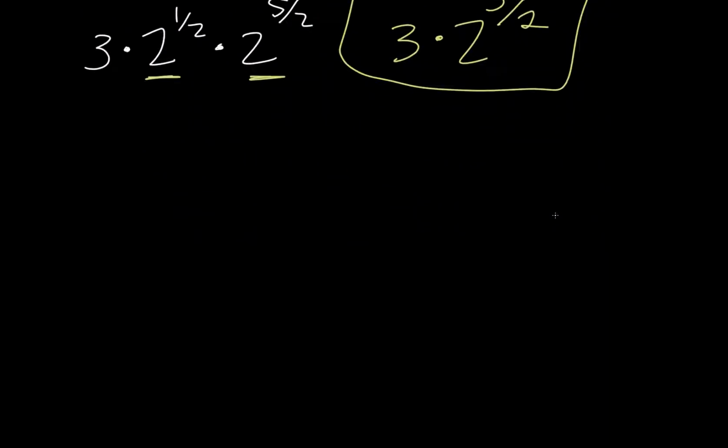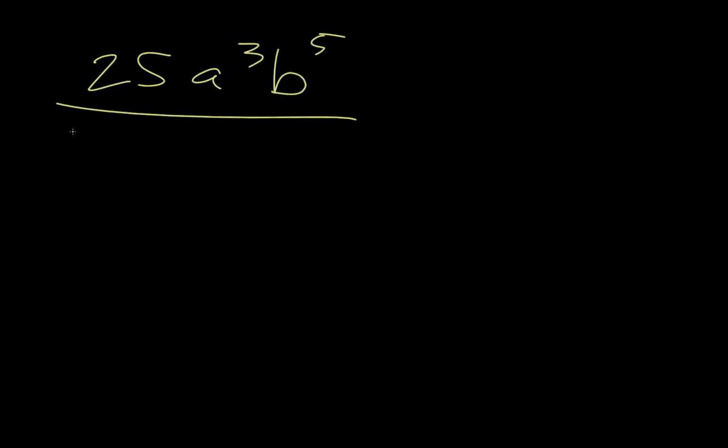And we're going to do just one more. Let's do 25 a to the 3 b to the 5 over 5 a to the 3/2 b to the 3, and then c to the -2.